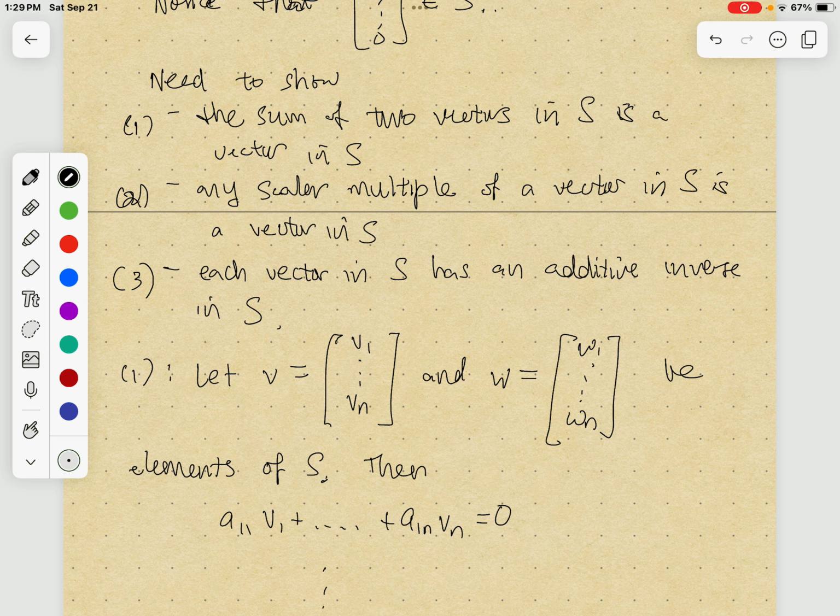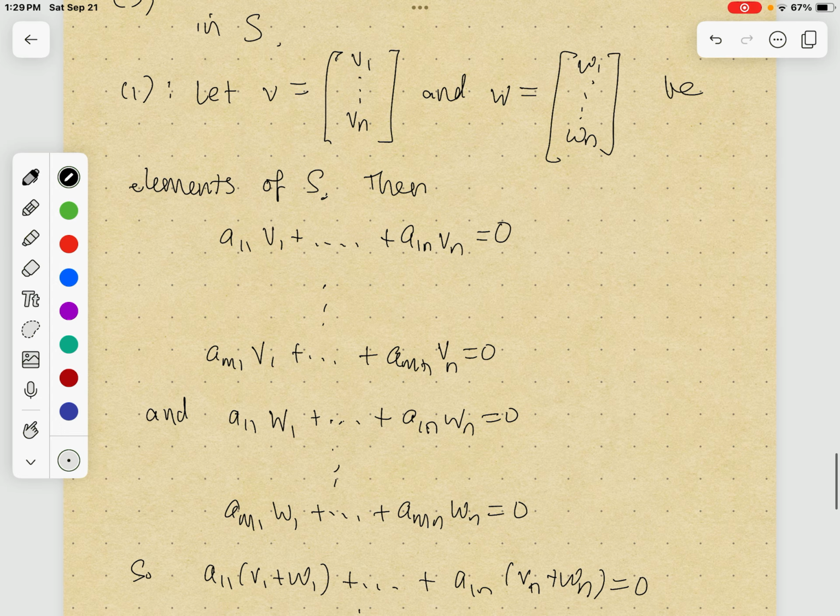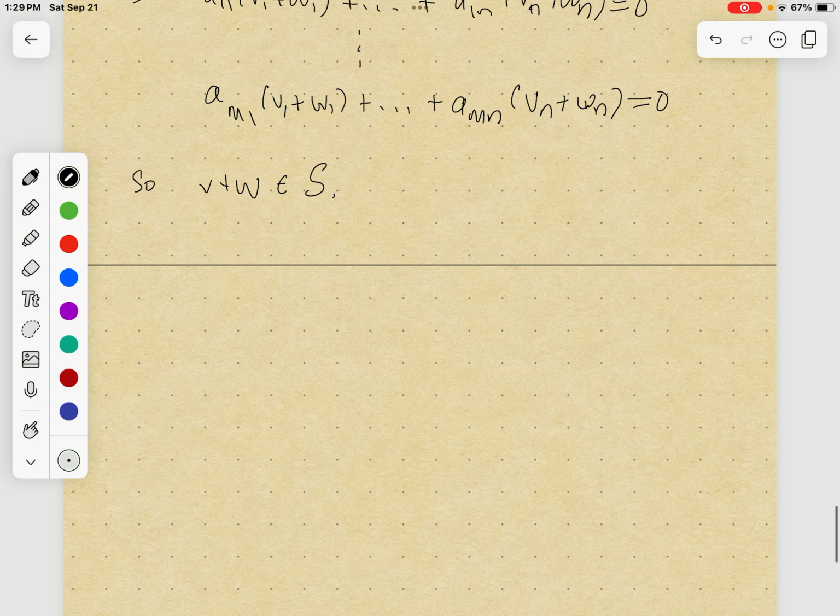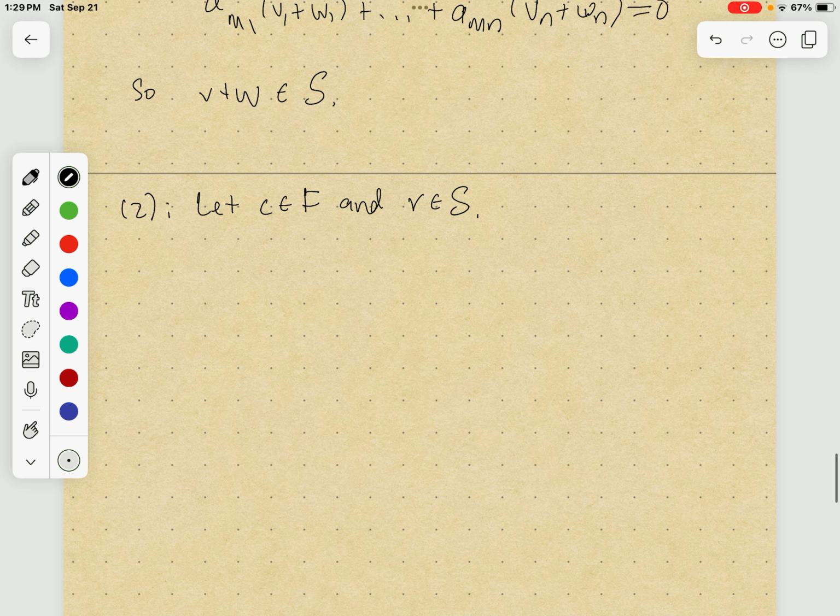Now let's show condition 2, that any scalar multiple of any vector in S is itself a vector in S. So to do that, let c be an element of F and v be an element of S. Right? And with v being v1 to vn.